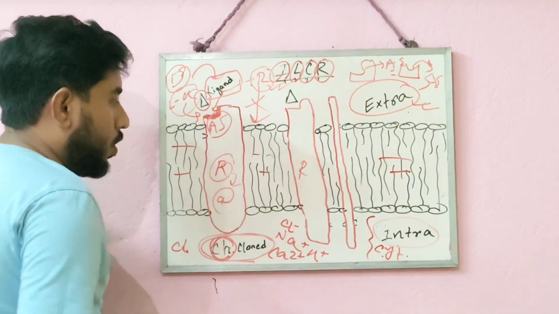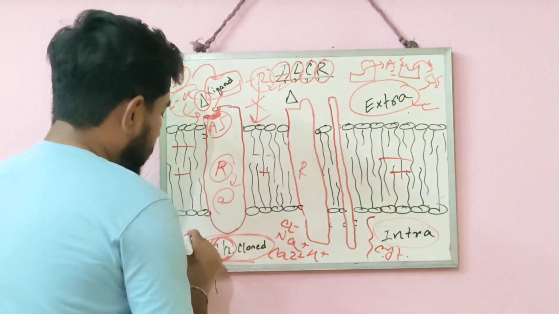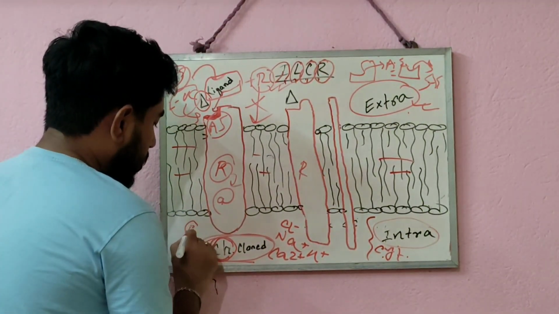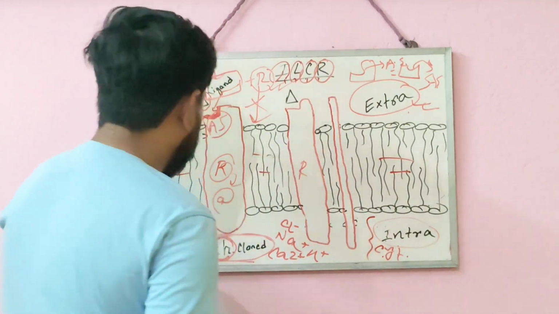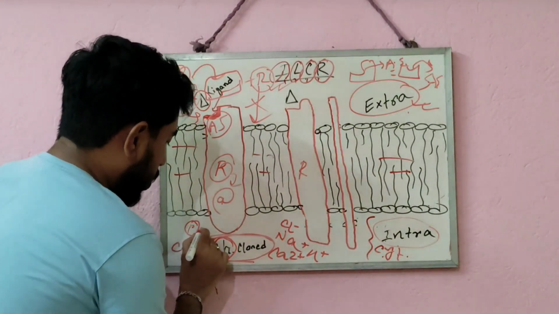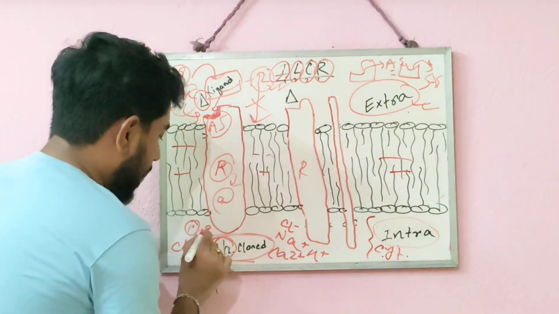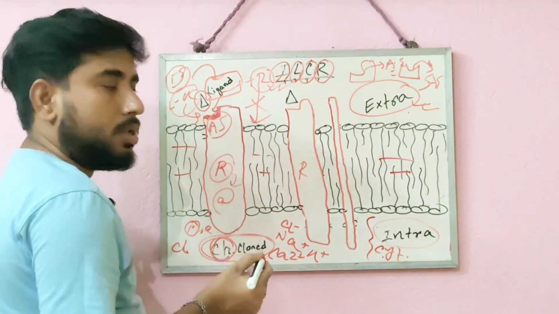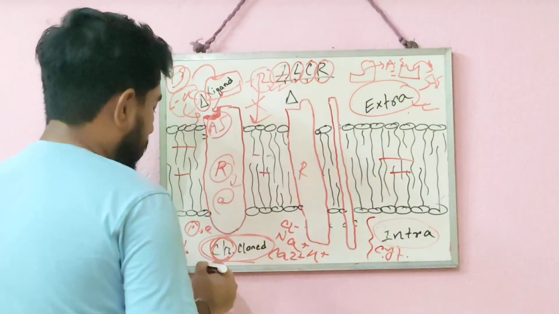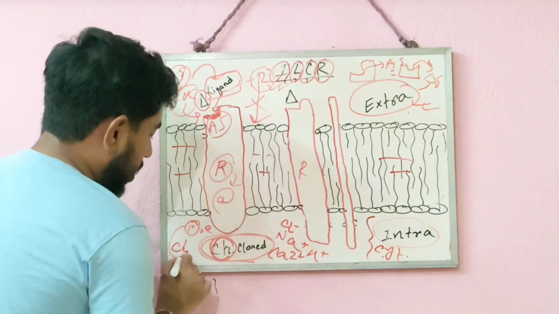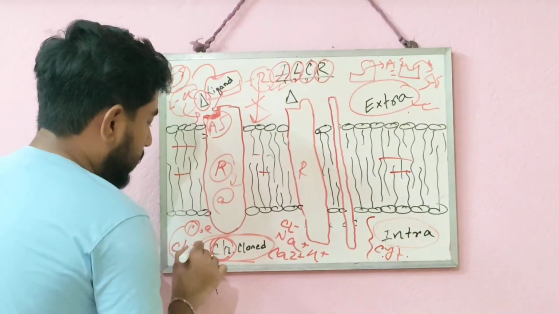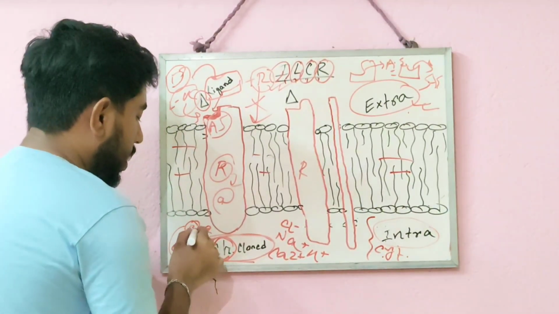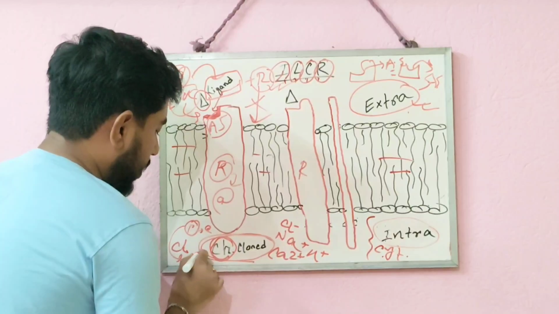When that receptor is activated, the proteins present inside, in the intercellular part of the cytosol, are going to be activated. That protein is going to change its internal or external structure, and by changing its configuration, that protein is activated.